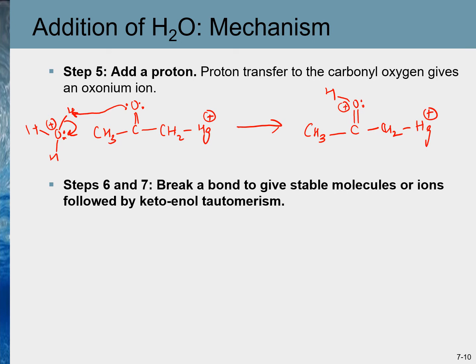The loss of mercury from the oxonium ion will result in the formation of another enol form.